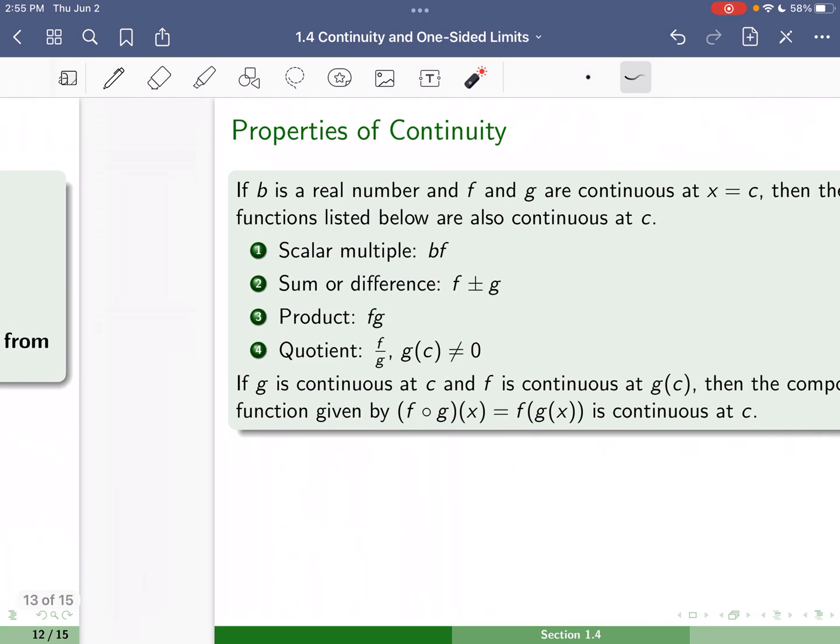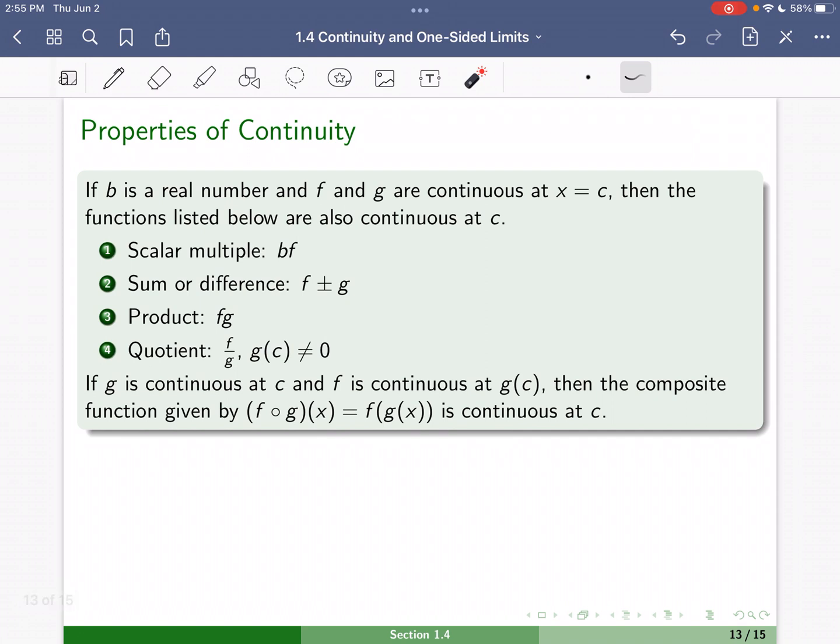Some properties of continuity: if b is a real number and f and g are continuous at x equals c, then the functions below are also continuous at c. A scalar multiple of a function f is continuous wherever f is continuous.